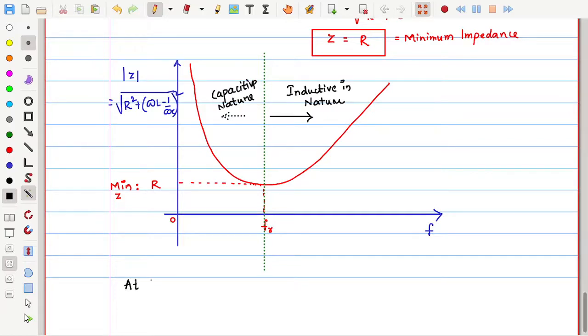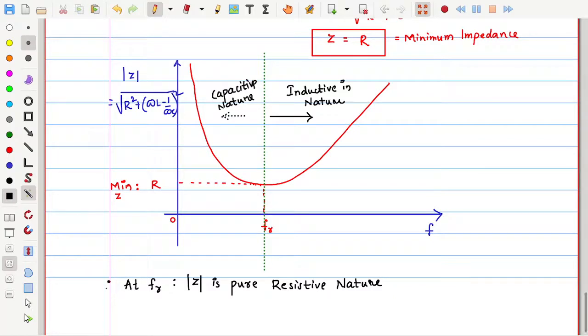At FR, the impedance Z is pure resistive nature.